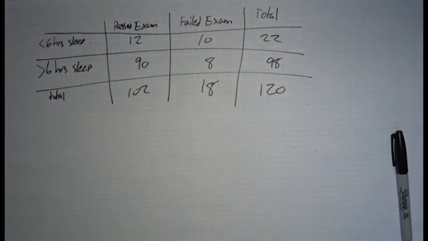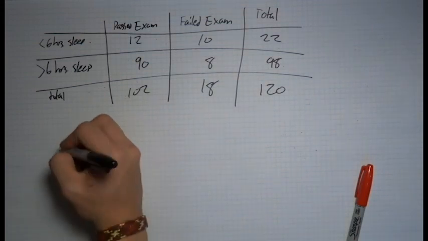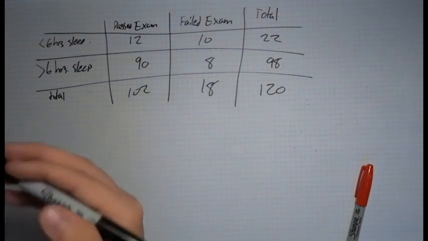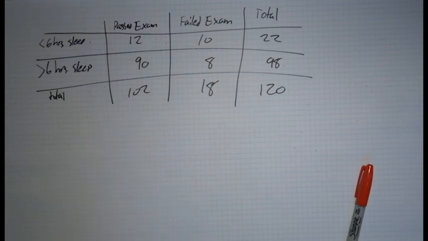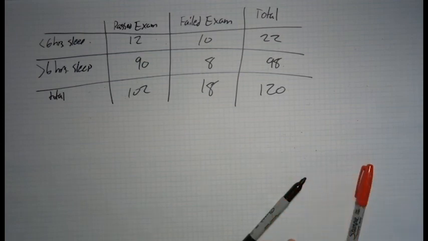So I'm going off the same piece of paper, it's just the second half. With the first problem of this one, I'll just ask the question. To the nearest percent, what is the probability that a student who failed the exam got less than 6 hours of sleep? All right, that "who failed the exam" part is your given. There are a few ways that they're going to denote your given.